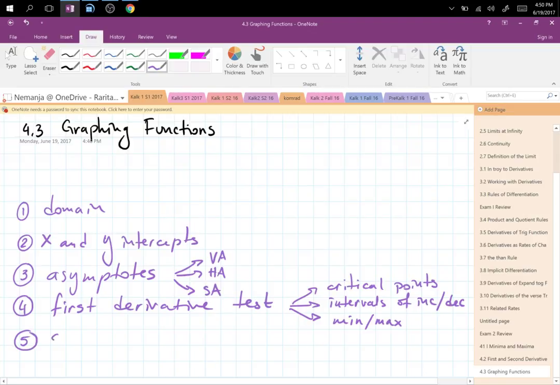Number 5, second derivative test, which will give us inflection points and concavity.